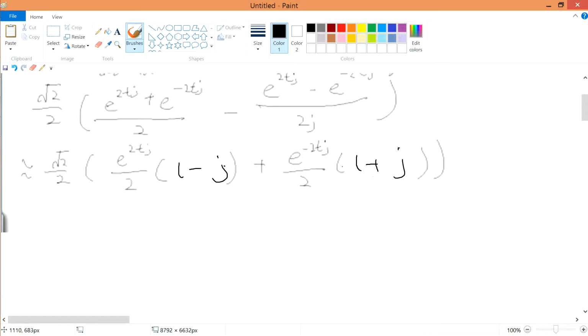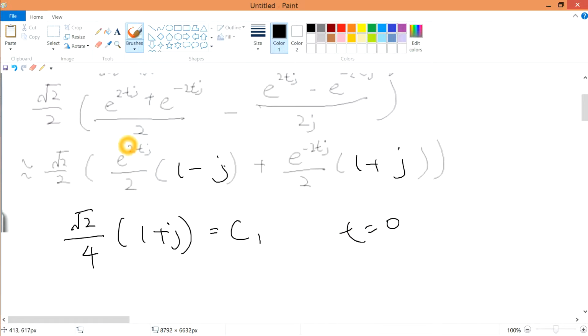So in the book itself it says that this is square root 2 over 4, 1 plus j is equal to c1. If t is equal to 0, this one becomes 1. 1 divided by 2 is half, right?